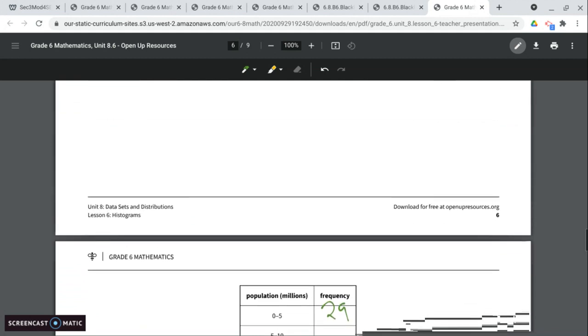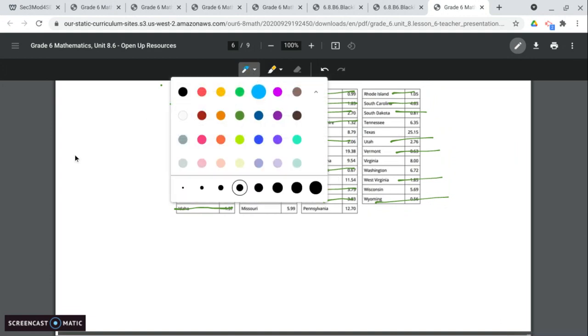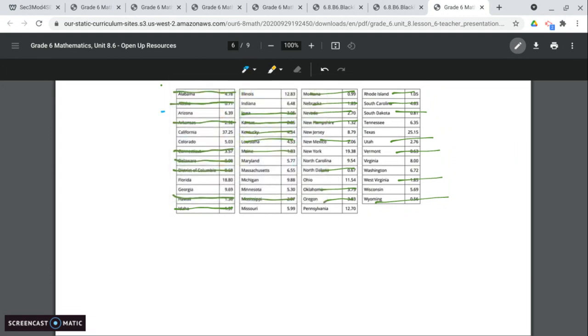Now for between 5 and 10, let me pick a different color so this is easier. So Arizona, Colorado, Georgia, Indiana, Maryland, Massachusetts, Michigan, Minnesota, Missouri, New Jersey, North Carolina, Tennessee, Virginia, Washington, and Wisconsin.